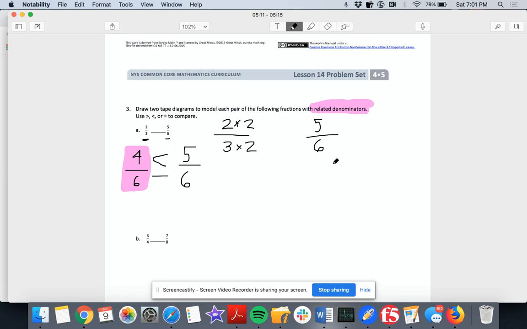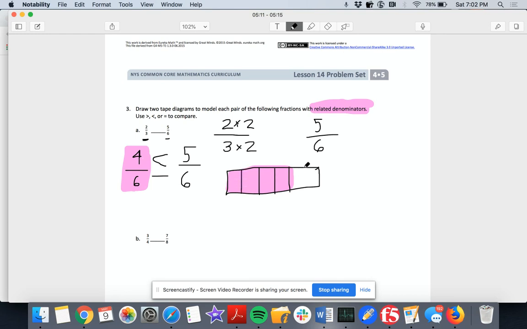I could also showcase this right now on my tape diagram or my chocolate bar. This is also kind of a review from last week. Originally I would have 2/3, and I would shade in 2 pieces. And if I wanted to have 6 pieces, I would divide each piece.